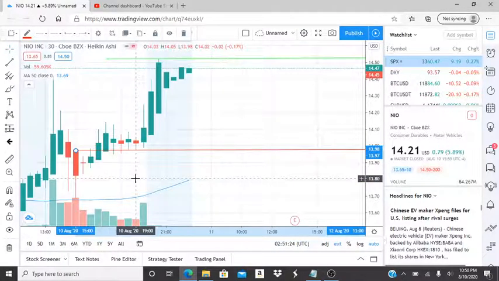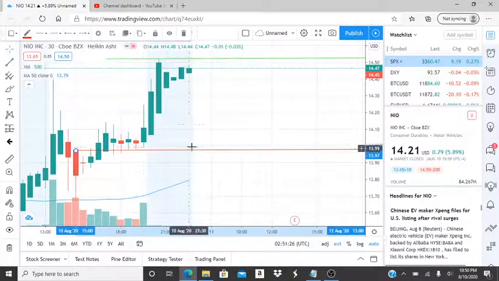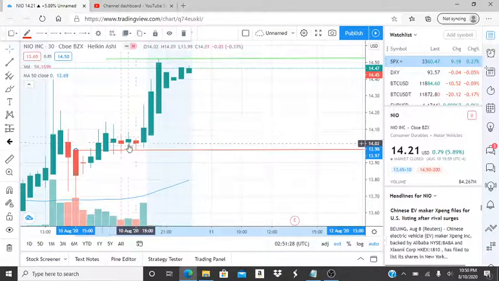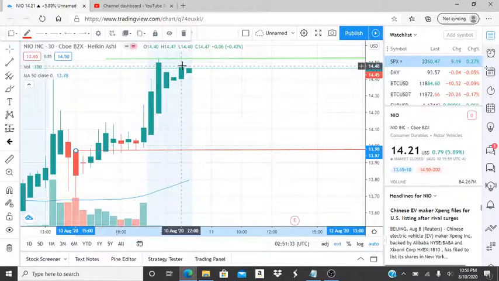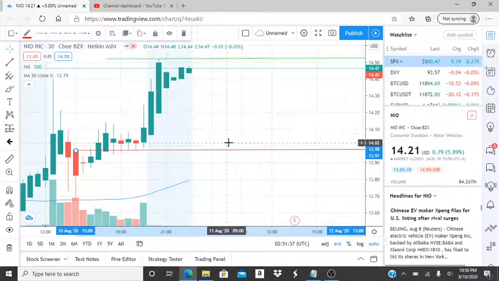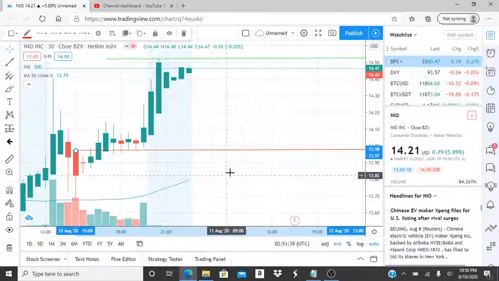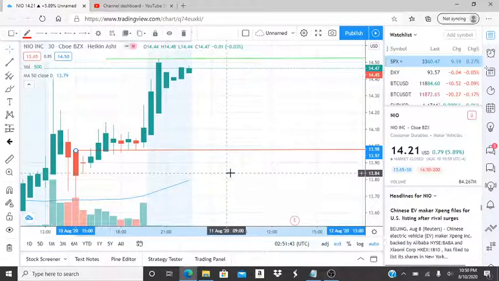Now, this support level is the last lowest position that this stock had before it used this as support to continue its run. Now, if this support gets broken, there is another support right before the 50-day moving average, and that's 13.84. I'd write that down so you can have that as a reference after 13.98.